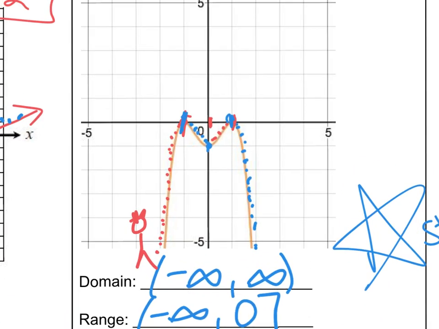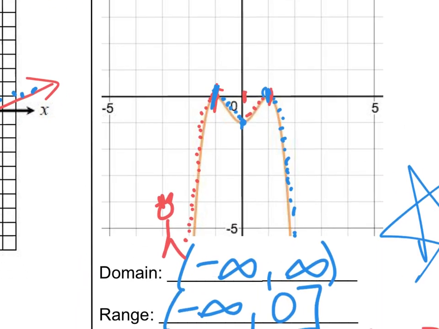So if we look, we were increasing from negative infinity all the way to -1. Then we started to decrease from -1 to 0. Then we increased again from 0 to +1. And then we decreased again from 1 to positive infinity. You with me? Okay.